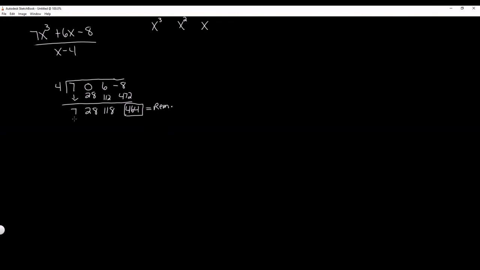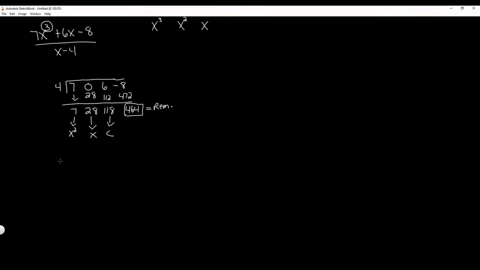Okay, so as you can see up here, the highest power of our top polynomial is 3. So our highest power down here is going to be 2. So this is going to be our x squared term, this is going to be our x term, and this is going to be our constant. And then 464 is our remainder.